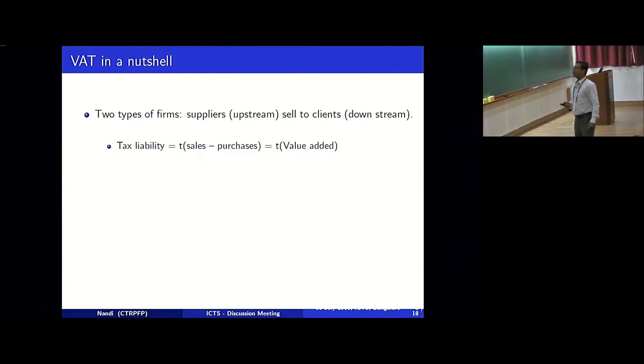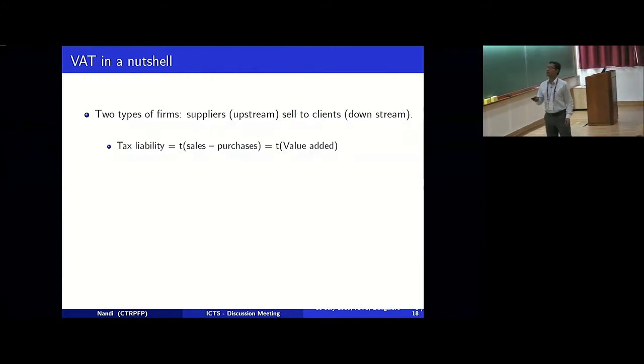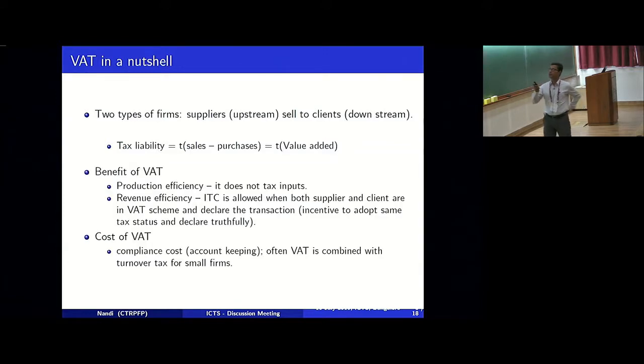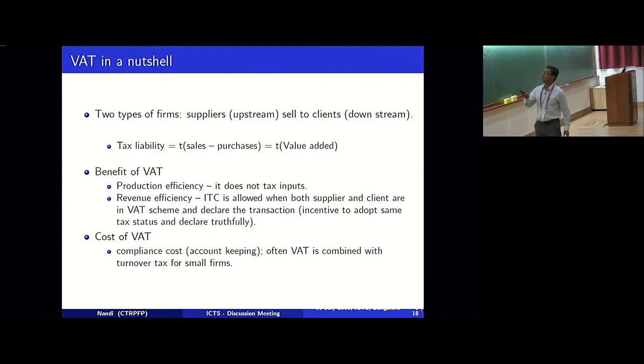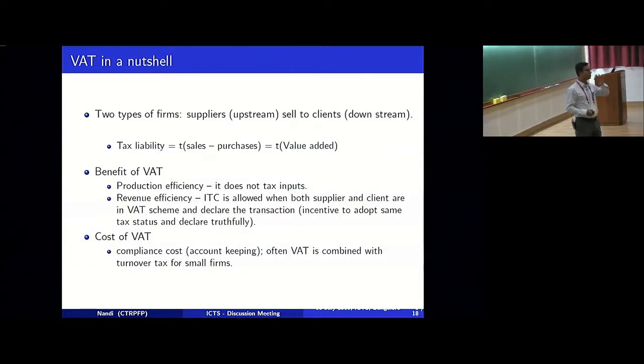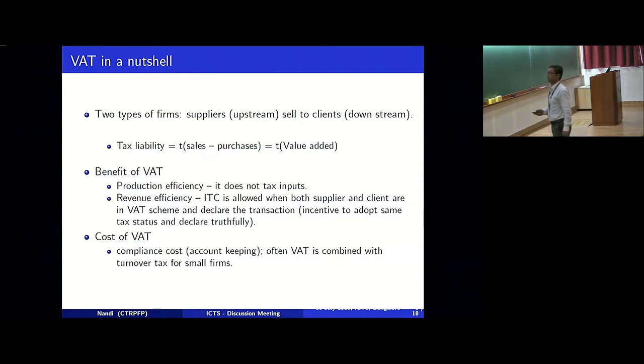Okay. There are two reasons why this is attractive. It ensures production efficiency. You can see that the tax paid on purchases or on your inputs is deducted from your tax liability. So in other words, you don't pay tax on inputs. So it should not affect your production decision. It should not distort your production decision.